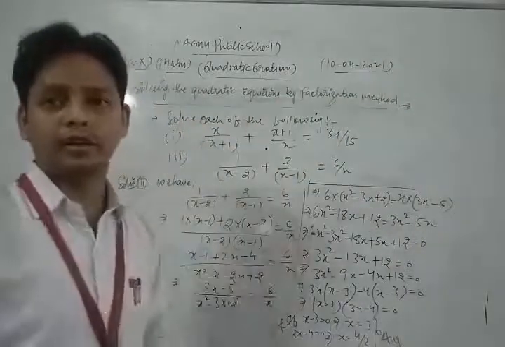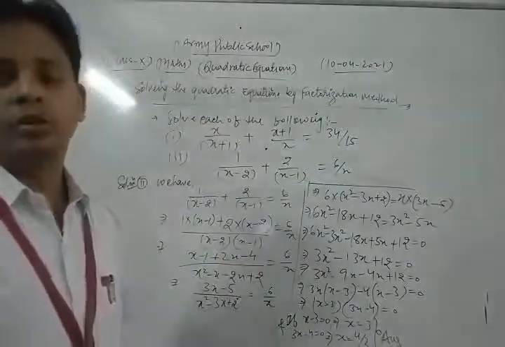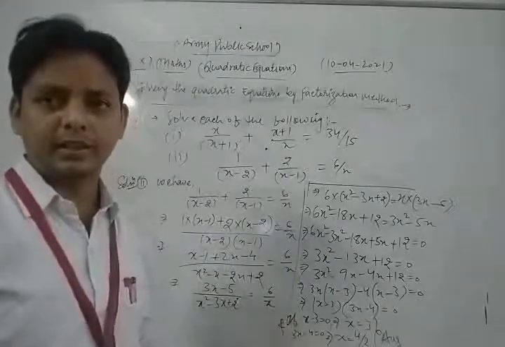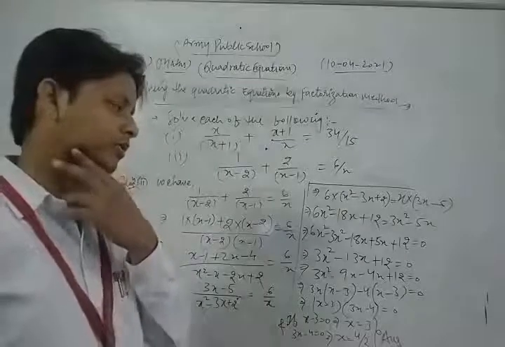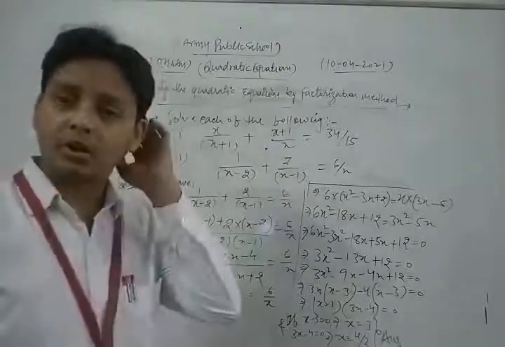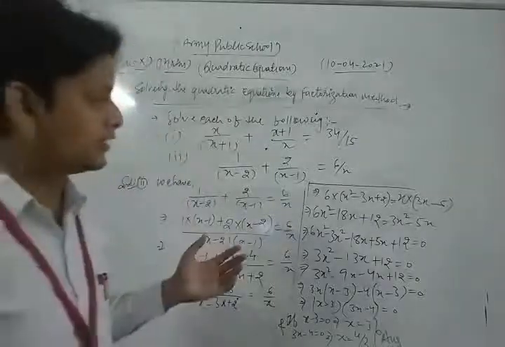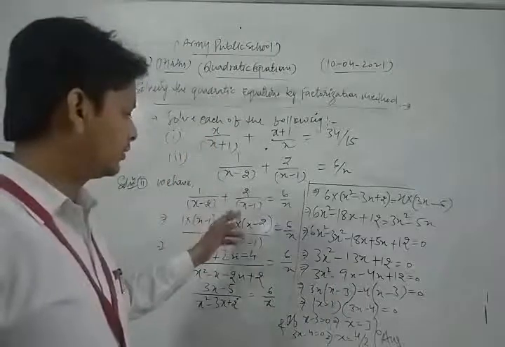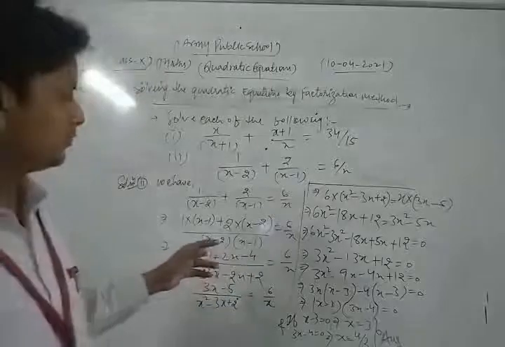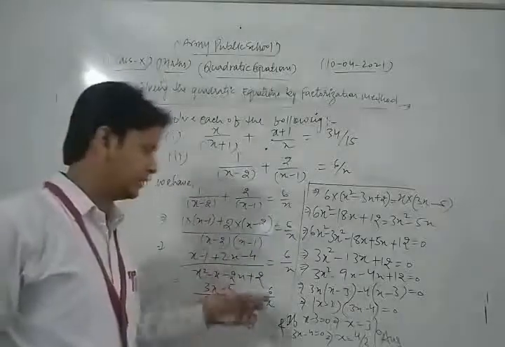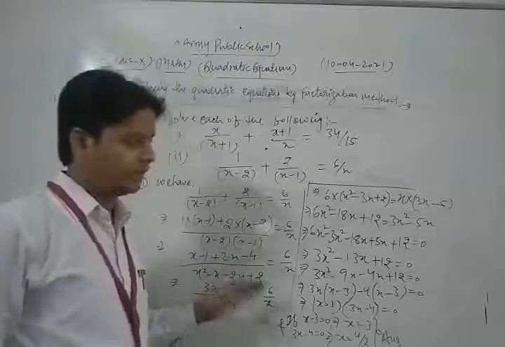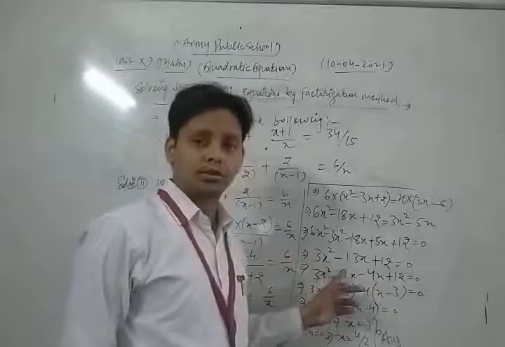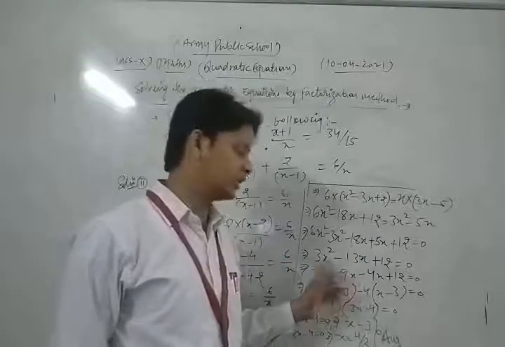So dear student, first of all, do more and more practice of the type of questions which we discussed in that class, where we also discussed the concept of quadratic equations and how many roots a quadratic equation has, and solved some important questions related to that chapter. In this type of question, first you take the LCM of the denominators, after that simplify it, and after simplifying you always get a quadratic equation.